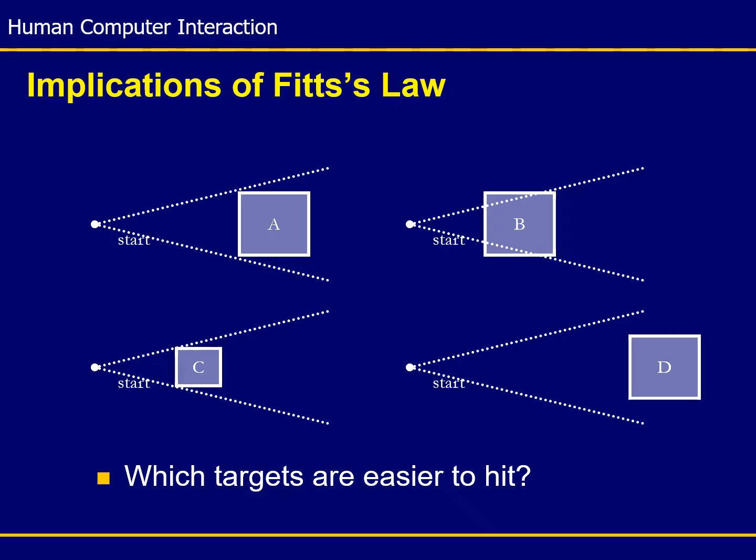And this really shows the need for Fitts' law, because I will calculate the distance to the center of A, figure out A's width, and plug that into Fitts' law, and then I will calculate the distance from the starting point to C, figure out its width, and plug that into Fitts' law, and then I will know which one is actually faster to acquire.